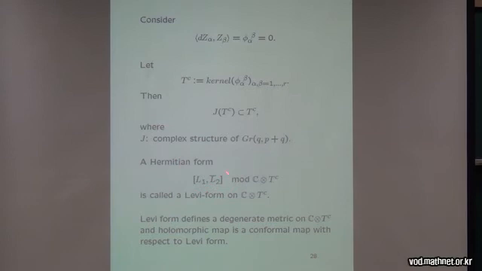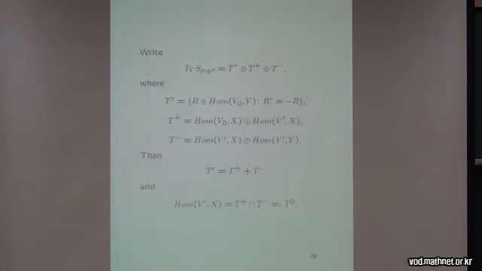So we use this Levi form like some metric, but this metric is only defined on the complex direction. And this is not non-degenerate, so it is degenerate. So we have to mod out the degenerate direction. Let's check what the degenerate direction is.